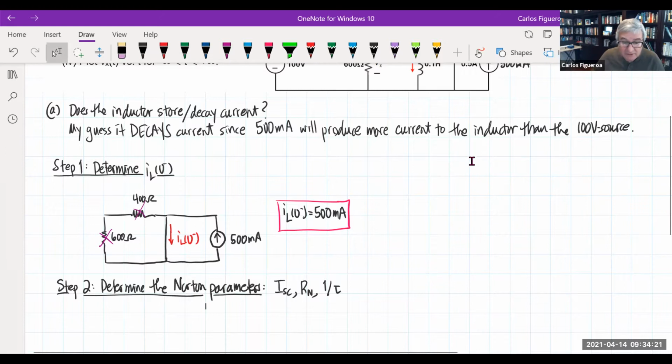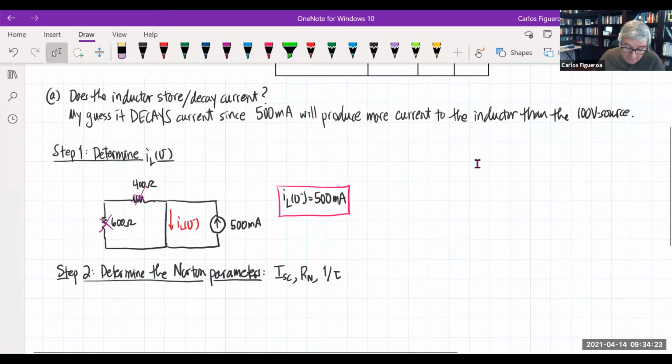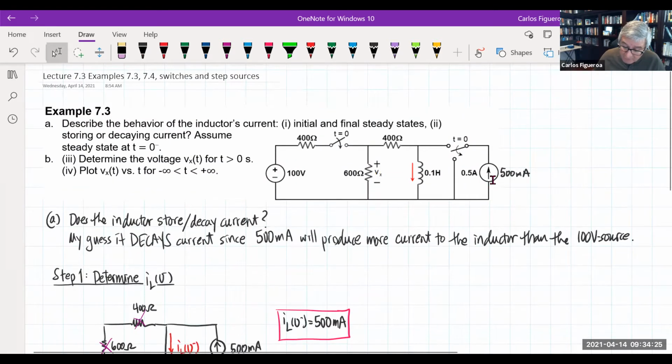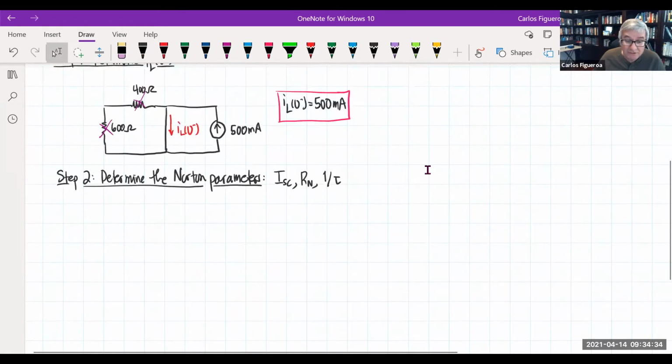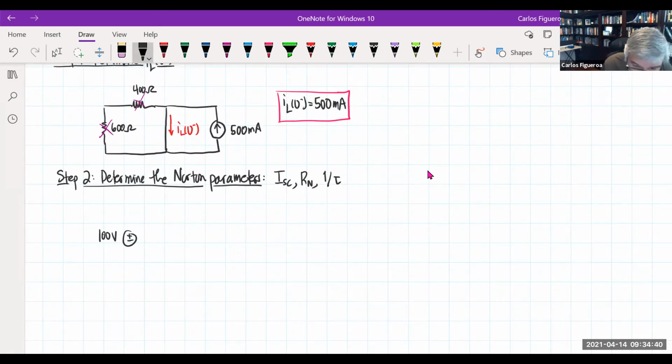If I look at those guys, I have a new circuit. I know that the 500 milliamp source is gone. So I've got the 400, 400, 600, and the inductor. This is what my circuit looks like. I have my 100-volt source. I have 3 resistors: the 400, the 600, and one more 400.